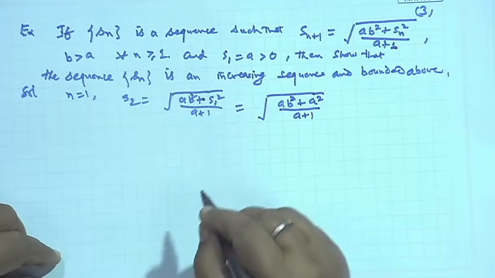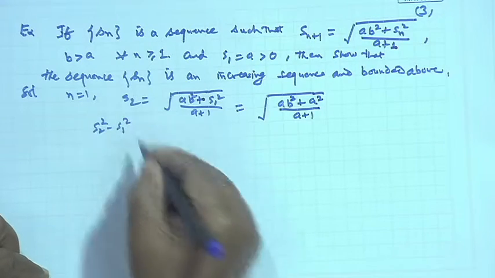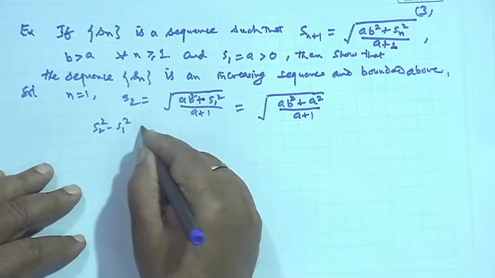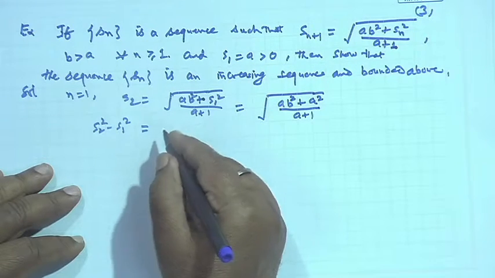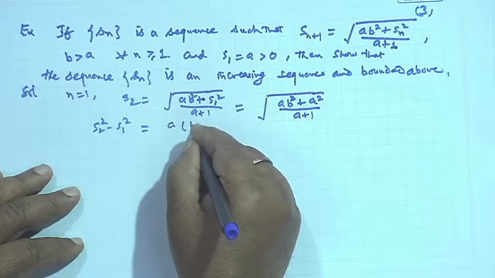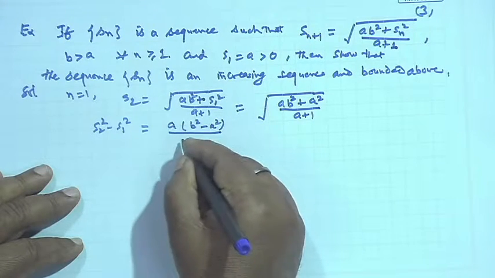So, what will be our S2 square minus S1 square? If we simplify this, S2 square minus A square, and solve it, we get the result (AB square minus A square) divided by (A plus 1).